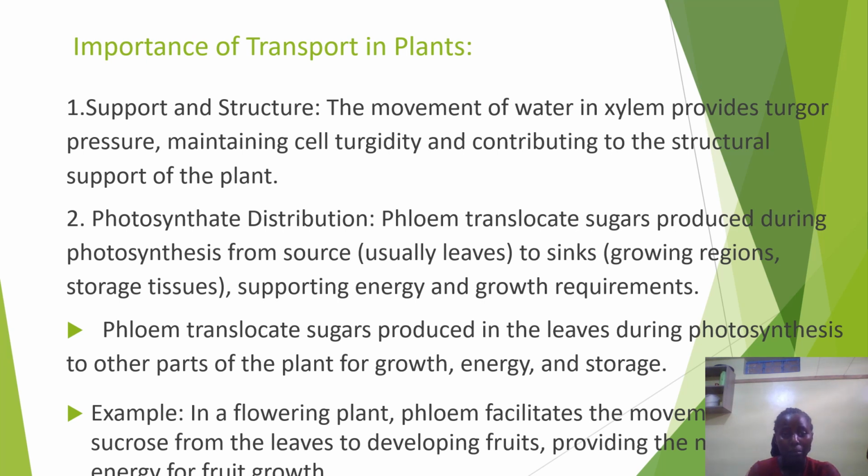In flowering plants, phloem facilitates the movement of sucrose from the leaves to developing fruits, providing them with the energy for fruit growth. So, for example, in flowering plants, the phloem facilitates the movement of sucrose from the leaves to the developing fruits.